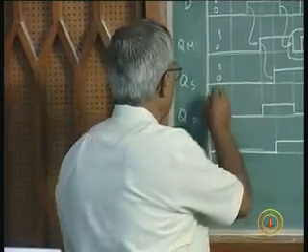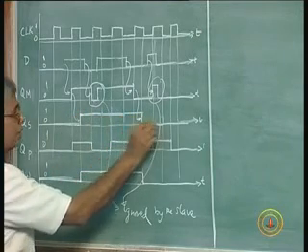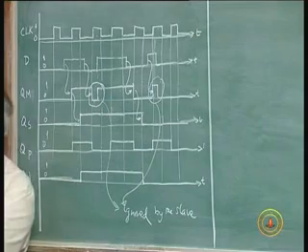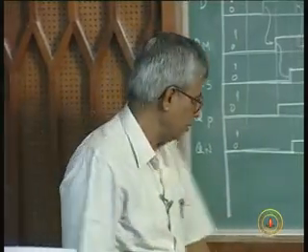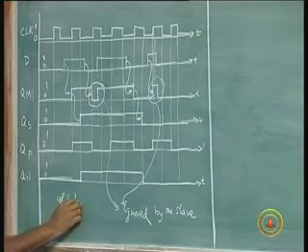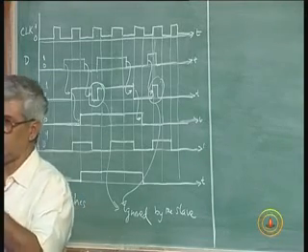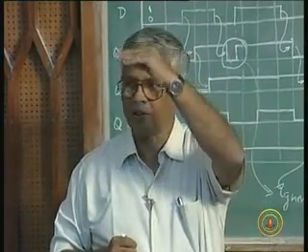So this is the slave output, in which these temporary pulses, these are called glitches. Momentarily the output goes from 1 to 0 and back to 1, or 0 to 1 and back to 0.